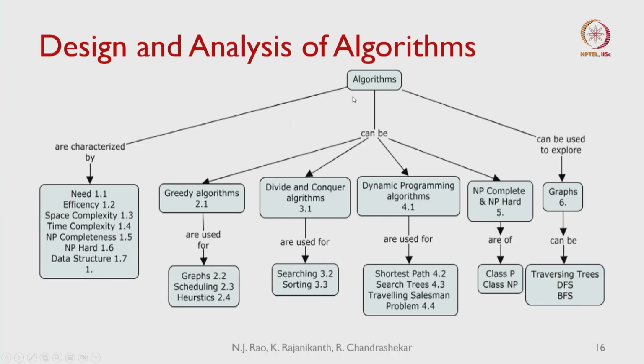This is a 3-level map, including the top one. If I put numbering here, this will be the first one and you have 6, equivalent to 6 course outcomes, let us say.